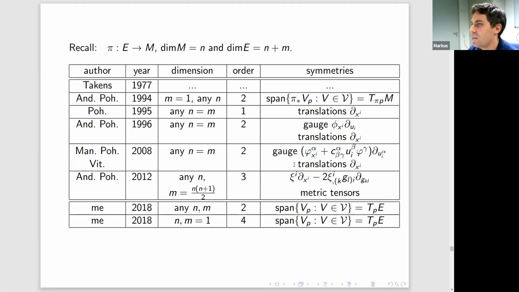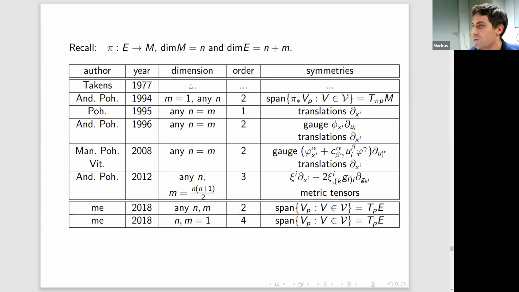And yeah, here is a table. So as I said, I have proven this in my PhD thesis in 2018 here. And I already told you that Tarkins was the first one who formulated the problem, who also did some great work on defining objects and so on, and for example, defining the source form.